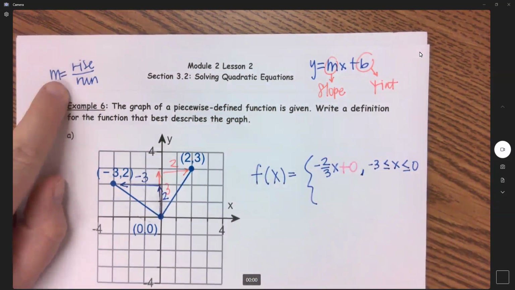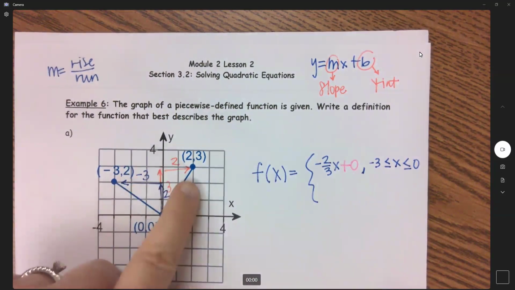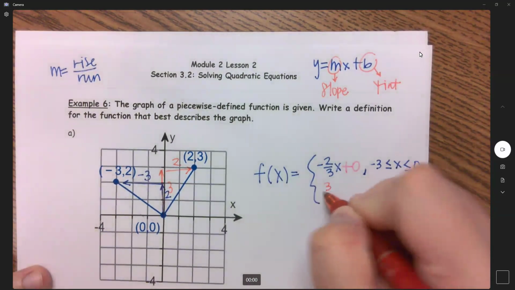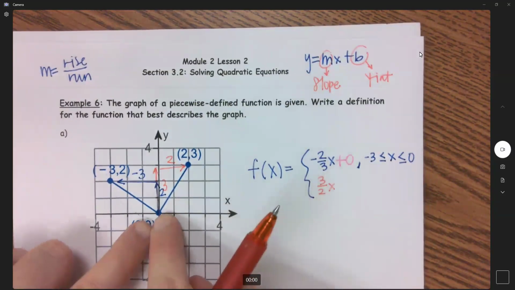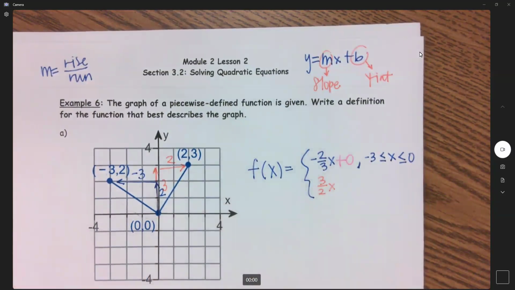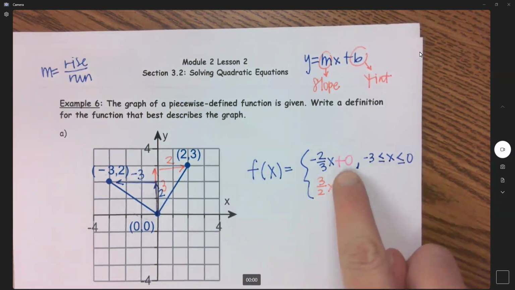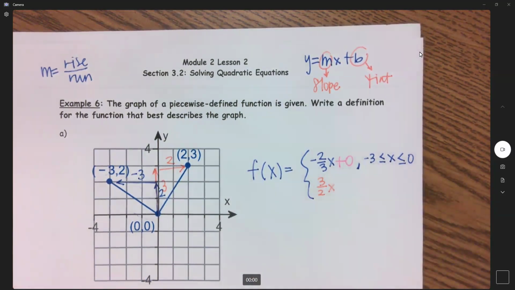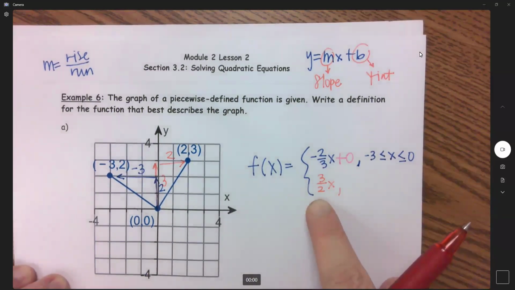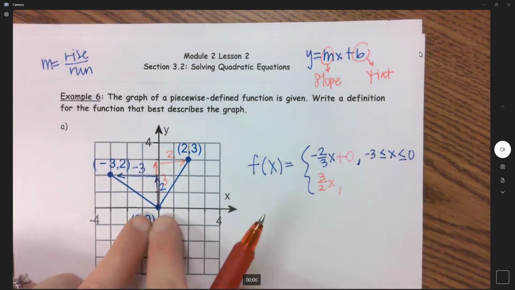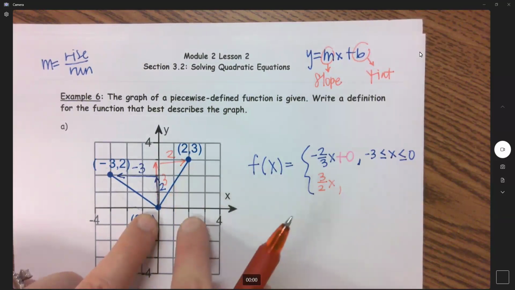So my rise over run would be 3 over 2x. Again, that y-intercept is at 0, so you don't need that, but if you want to write in a plus 0 here, you can. And where are we using this line of 3 over 2x? It starts at 0 and it goes to when x is 2.